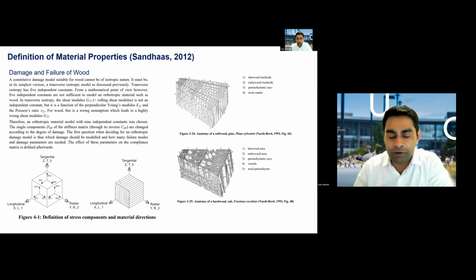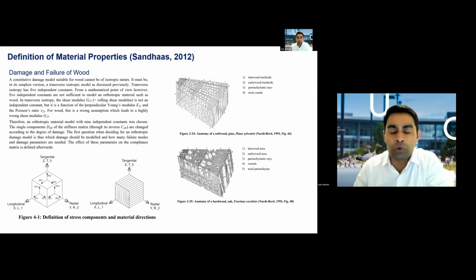And a very simplified model was proposed by Shanders in 2012 in his PhD thesis. They required 9 independent constants to model it, because the simplest way to model would have been transverse isotropy, which would be 5 independent constants.